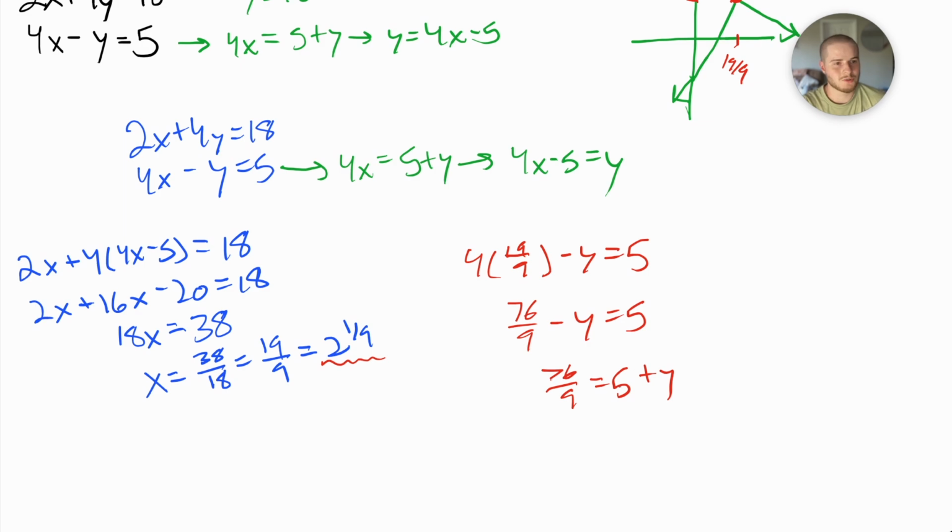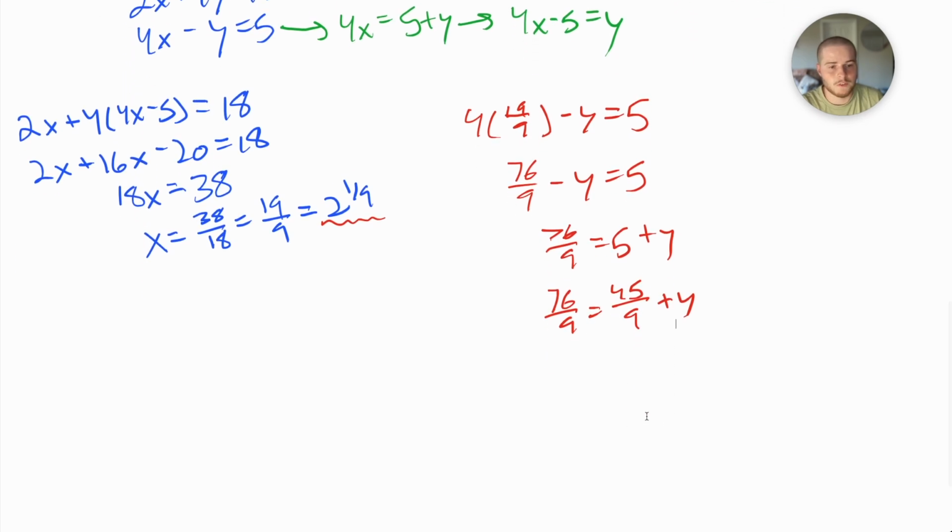And now we're going to want to subtract 5, and we'll rewrite that, but that's the same thing as saying 45/9 plus y. And now we can finally solve for y here. So 76 minus 45 will be 31, and that's going to be over 9. It's equal to y. And this is the same thing as saying, let's see, 3 and 4/9.